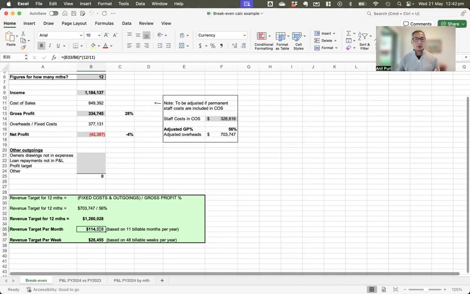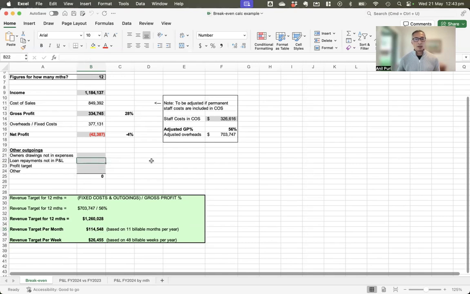Some clients I even assume 10.5 billable months because there may be some other rain delays that we need to factor in. So in this example, this business needs to do 1.2 mil to cover its costs for the year, and based on 11 billable months, that's roughly 115 thousand per month.